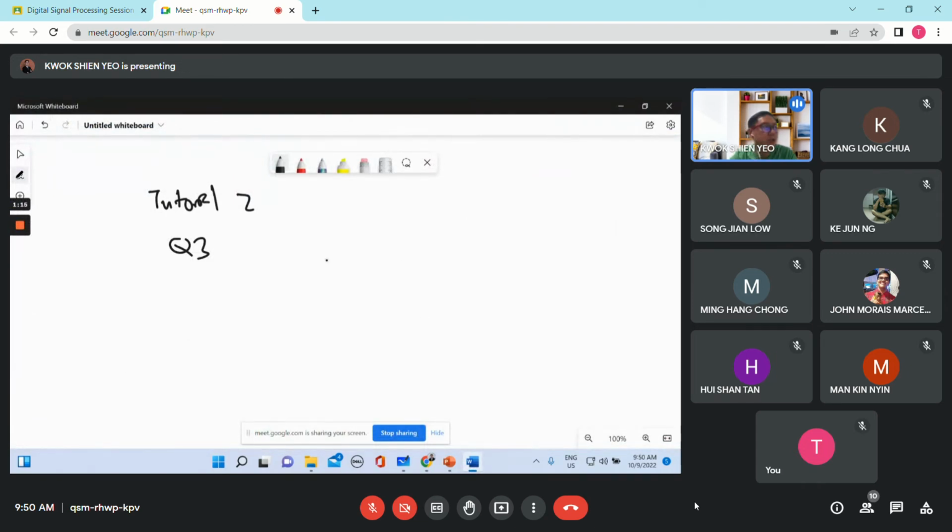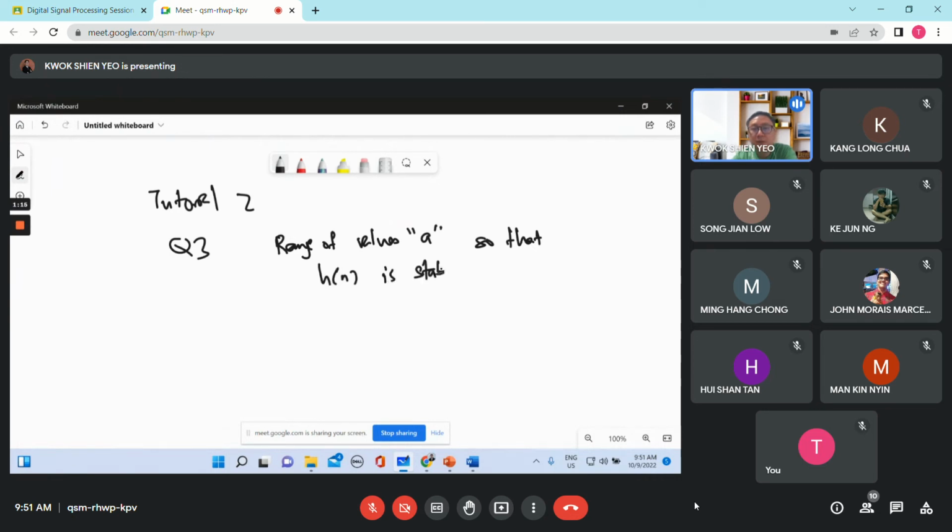So the tutorial says determine the range. They want a range of values for A, so that h[n] is stable.